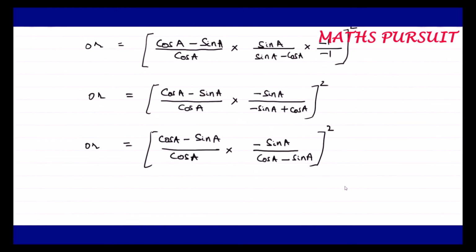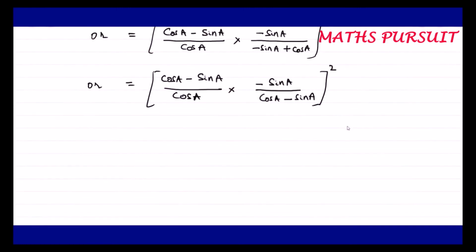Now guys, let's see what we are going to do here. I can write this is equal to cos A minus sin A into cos A divided by cos A minus sin A whole square. This cancels out. We are left with minus sin A by cos A whole square.